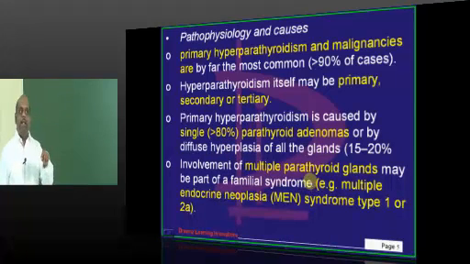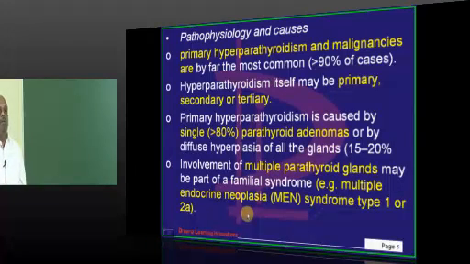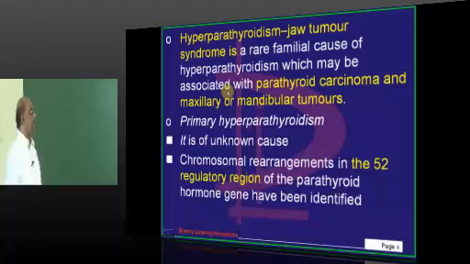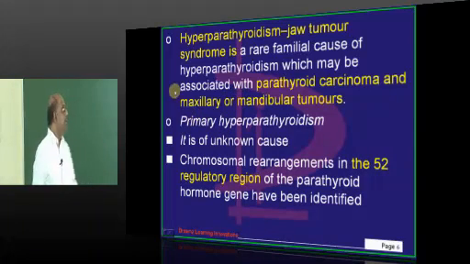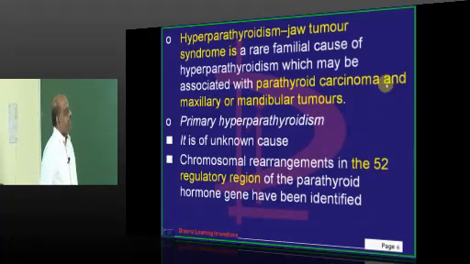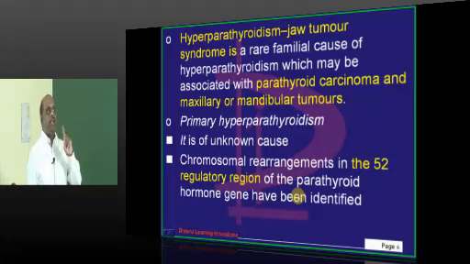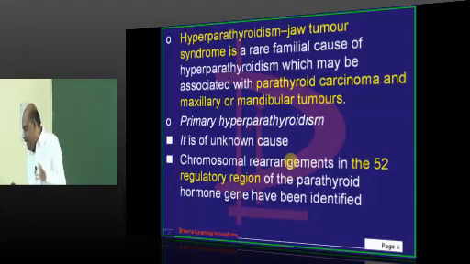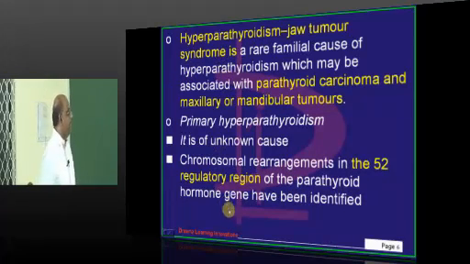Then multiple parathyroid glands may be involved in multiple endocrine neoplasia type 1 and 2A, which also can be associated with hypercalcemia. There is an entity called hyperparathyroidism-jaw tumor syndrome, a familial cause where parathyroid carcinoma and maxillary and mandibular tumors occur together.